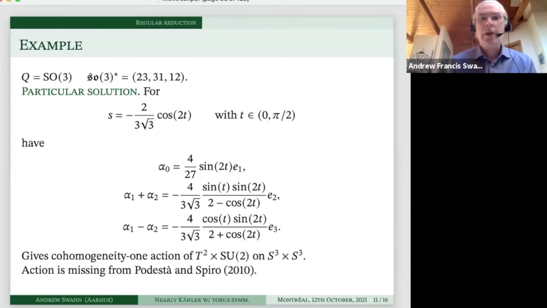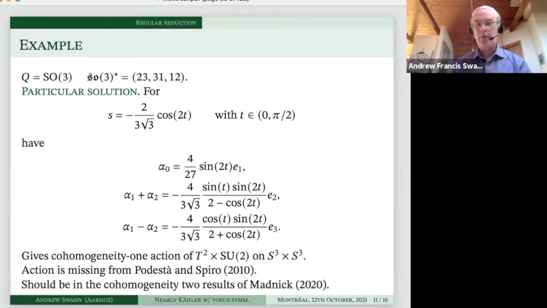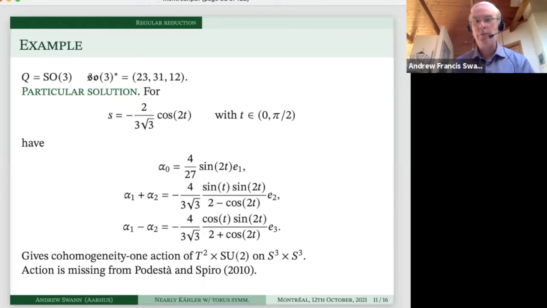So there is a classification of cohomogeneity 1, nearly Kähler manifolds in dimension 6, which unfortunately has some holes in it. And this is also a hole in the classification. So this group is not one of the groups listed in the paper by Podesta and Spiro, but it occurs directly on S3 cross S3.